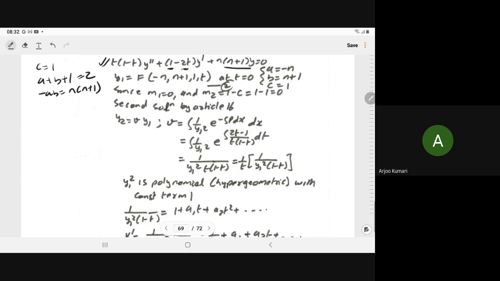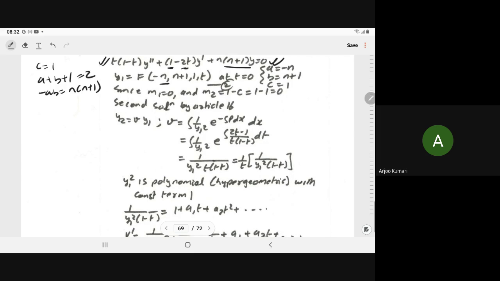So from here you will get a is equal to minus n, b is equal to n plus 1, and c is equal to 1. So your solution will become y1 is equal to F of a, b, c, t, that is F(minus n, n plus 1, 1, t).